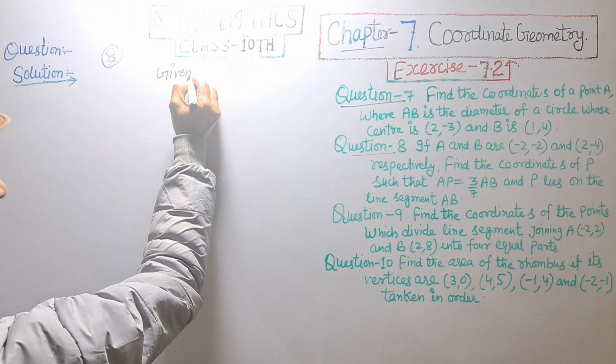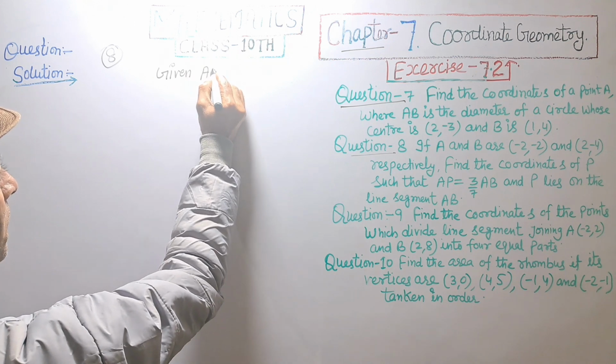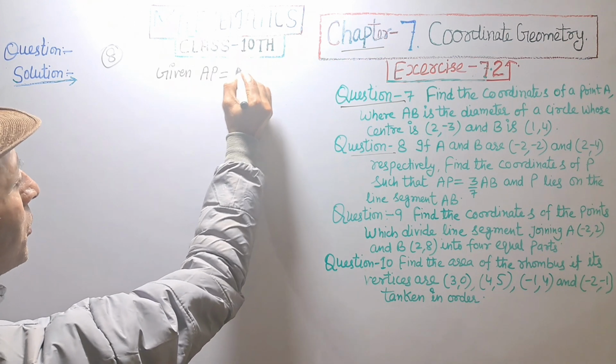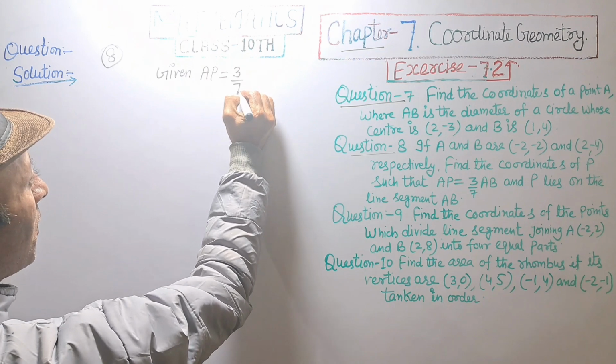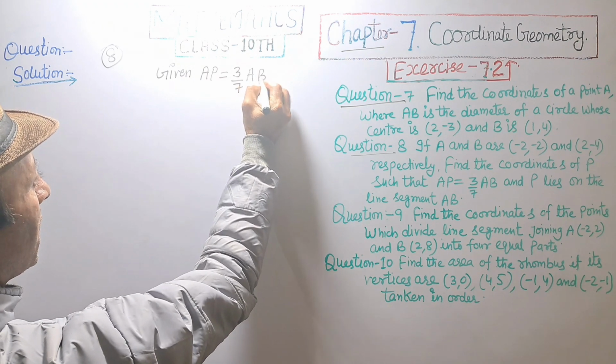We have given AP is equal to 3/7 times AB.